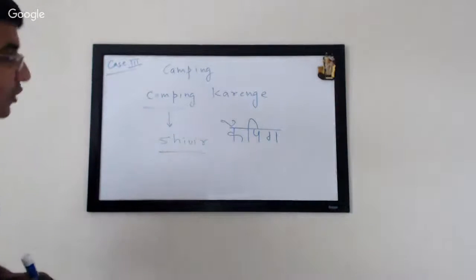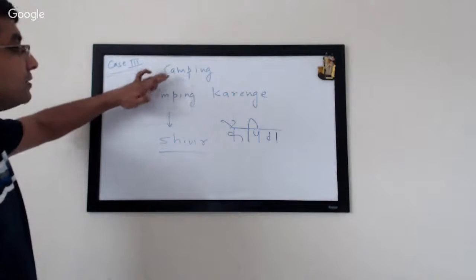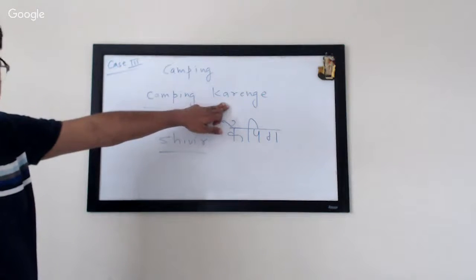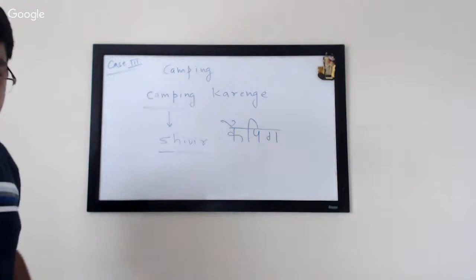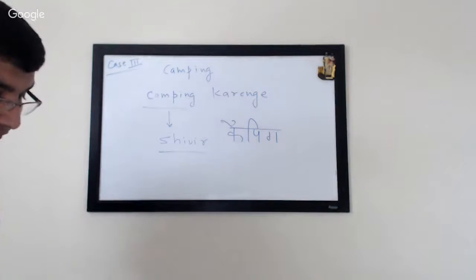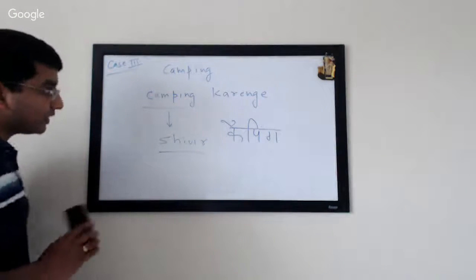So wherever the word is very difficult, and if you're not able to come up with it, you can simply use the English word with karenge. Karenge is to do, right? That will be fine. For some of these things, we have a proper word, so you can use those. So that's the first one.